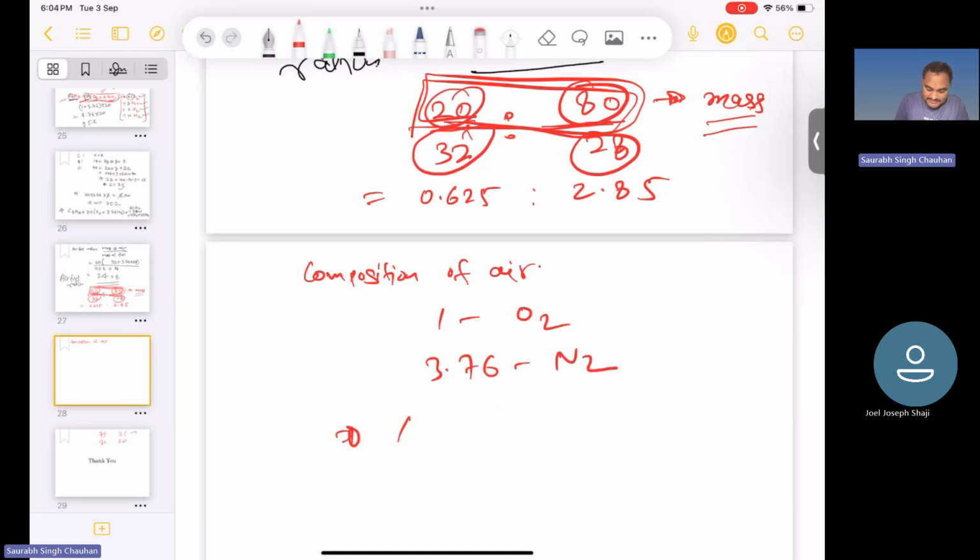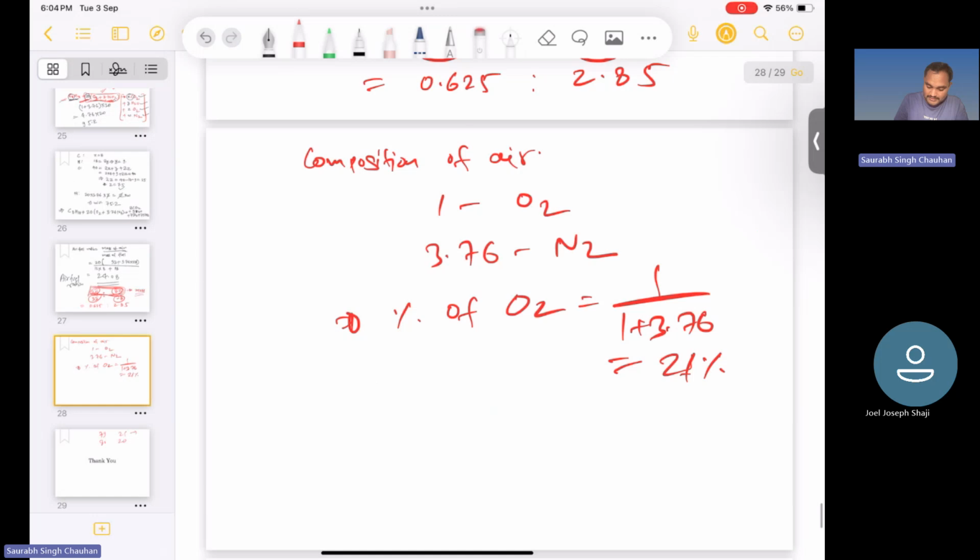Now you can find the percentage of O2. It will be 1 by 1 plus 3.76. I will quickly calculate this. It is coming out 21%. And nitrogen will be 3.76 divided by 1 plus 3.76, so it should be 79%.